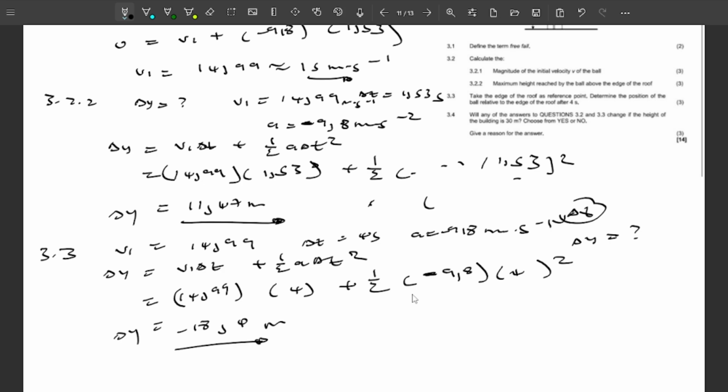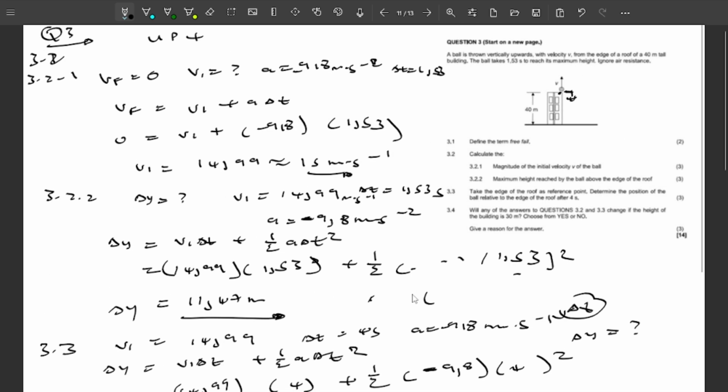So the position is 18.4 meters downwards, below the edge of the roof. That's why it's negative. Your answer should be written as 18.4 meters downwards. For simplicity's sake, we know this is the maximum height the ball reached.